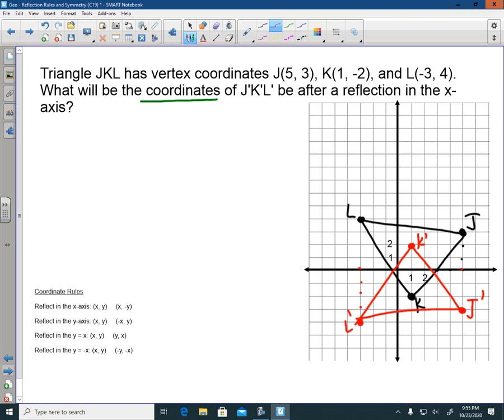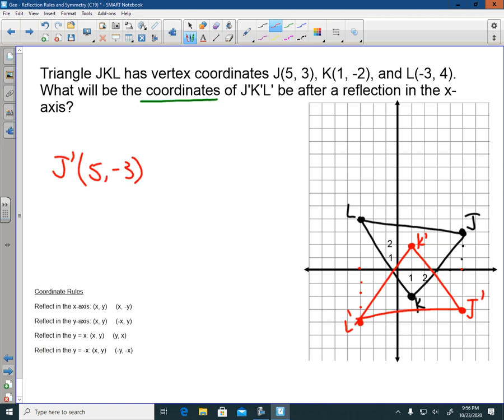Okay, great. So we've got this great graph, but it's not what we've been asked. We've been asked for the coordinates. So we have to pick up and figure out what these coordinates are. Let's start with J, just to keep the order. J' is at 5, negative 3.